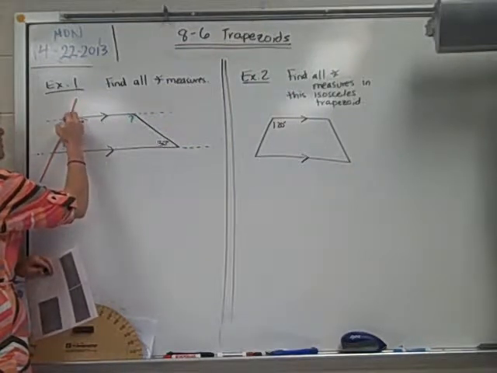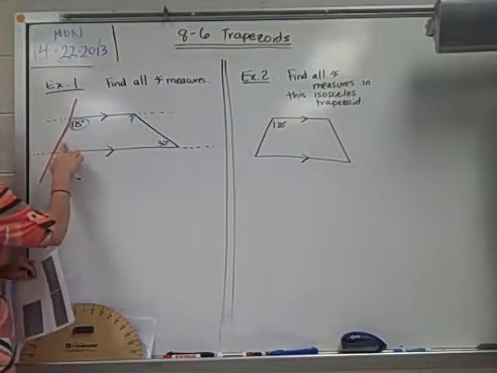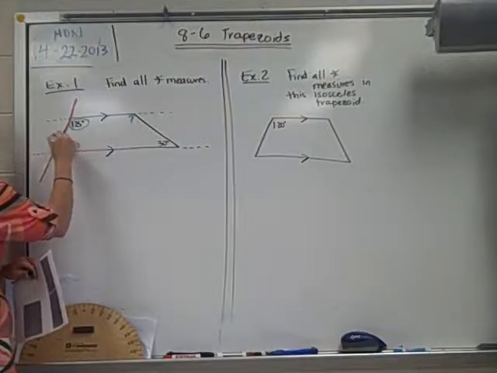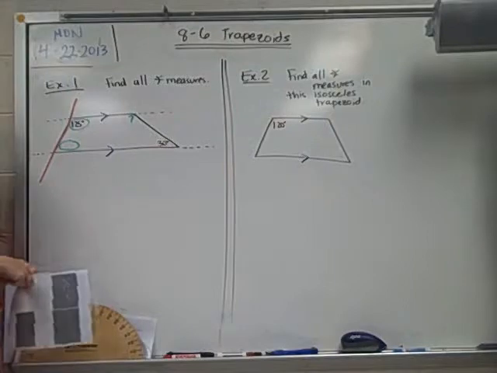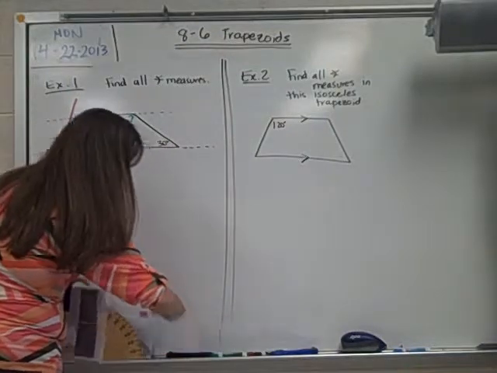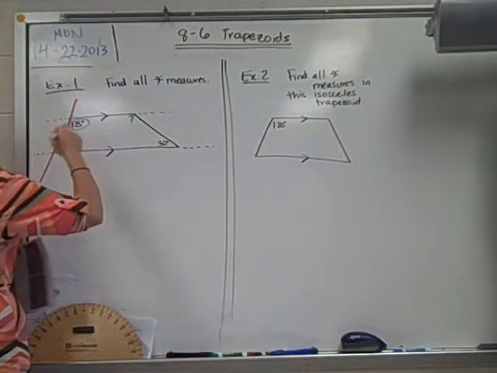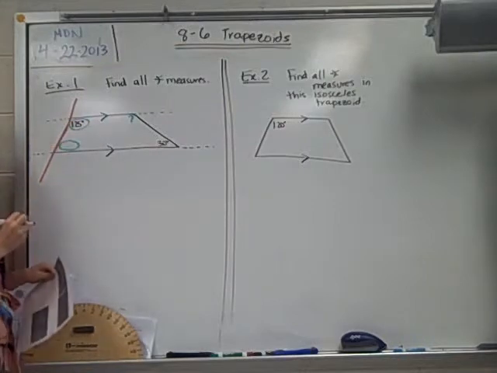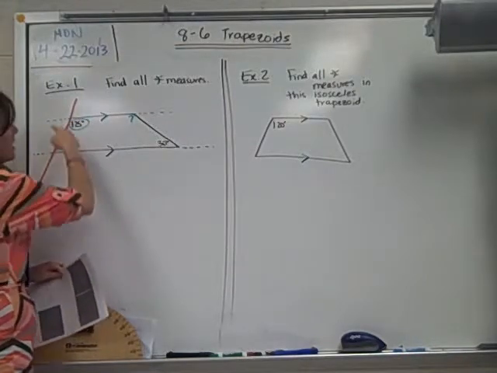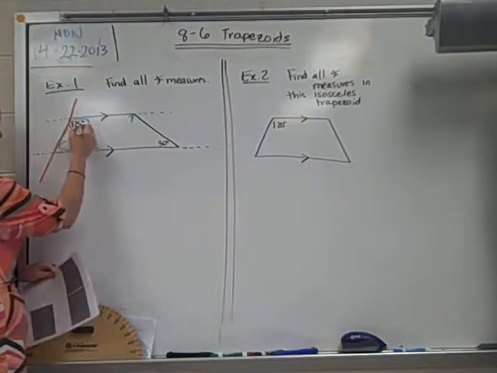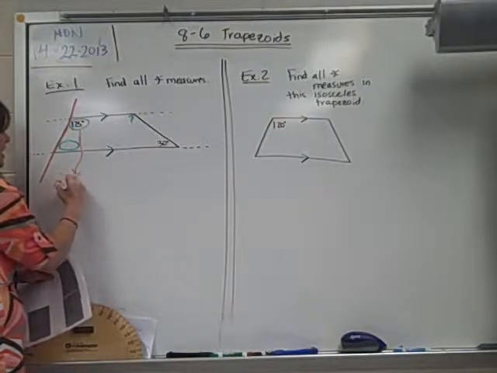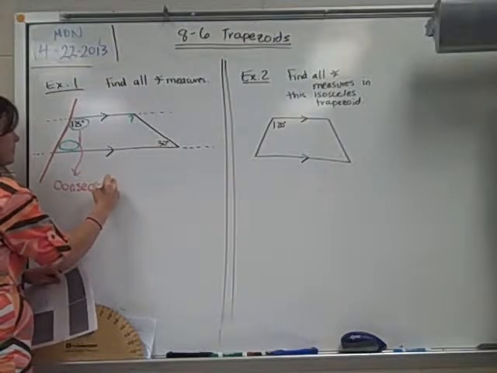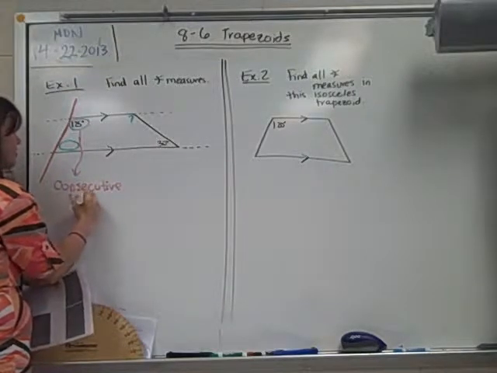This angle 125 and this angle down here that we need, these are a special pair of angles because of our parallel lines here. Do you remember what those angles are called if they are on the same side of the transversal and they are inside your parallel lines? These two angles together, they are called consecutive interior angles.